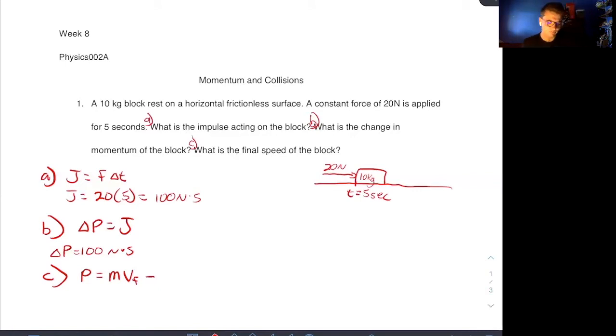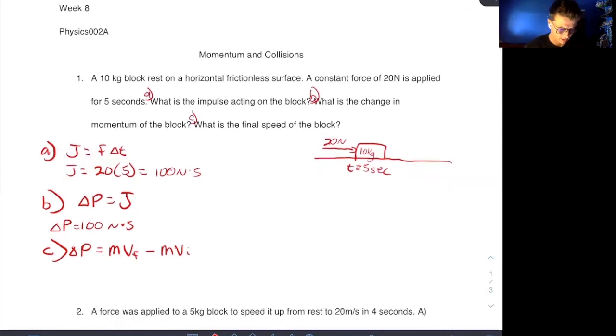So we have our change in momentum. We know that the initial velocity is 0 because the block is at rest, and then we have the mass. So then we can just find the final speed.